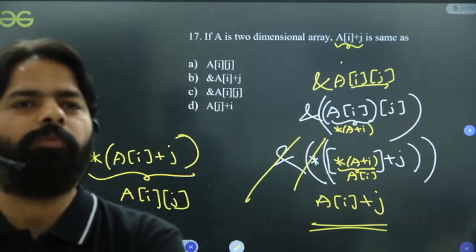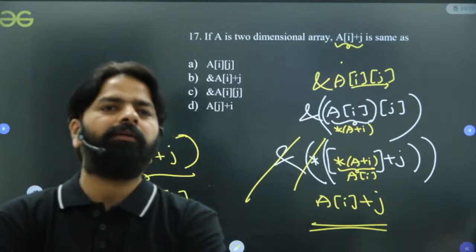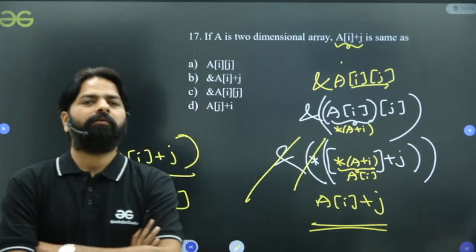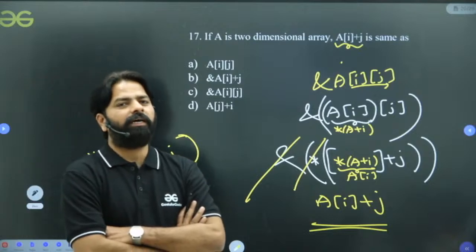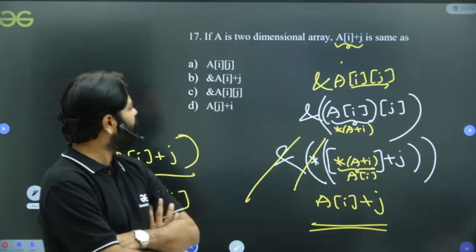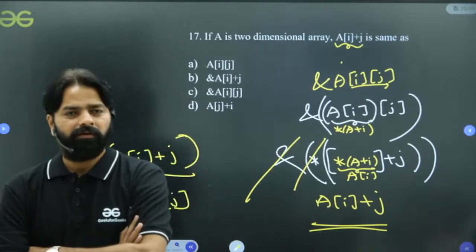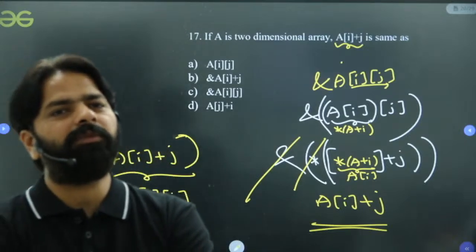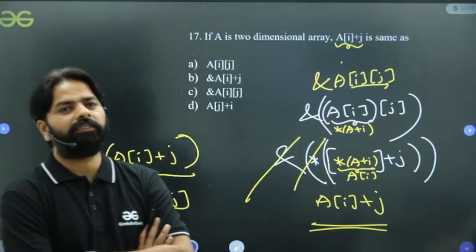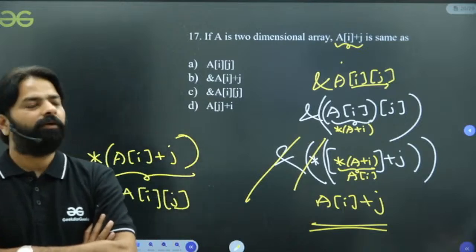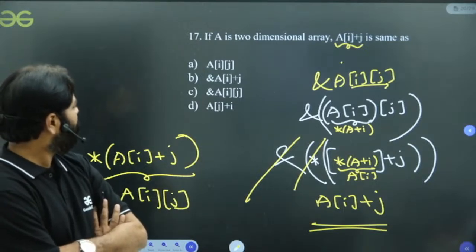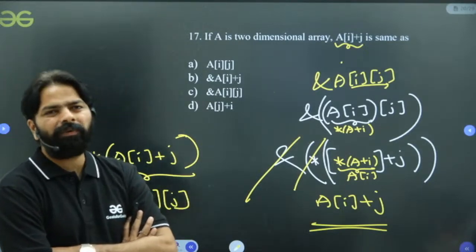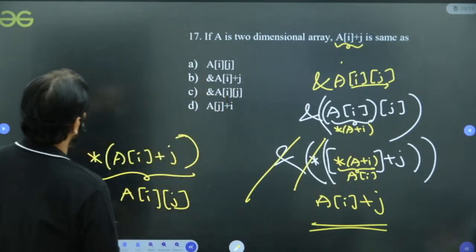No, Shubham. What are you doing there? Ampersand I0 plus j is not there anyhow, right? Why do you go for that? Looks like Shubham made a different answer. Looks like that also matches somehow. Yeah, no, this is a different meaning.